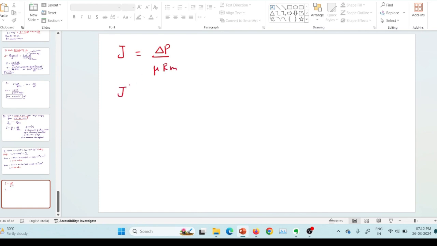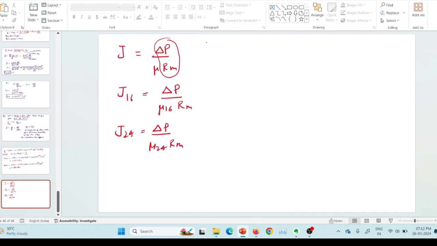So this will be constant. So J at 16 will be delta P divided by mu at 16 Rm. J at 24 will be delta P divided by mu 24 into Rm.